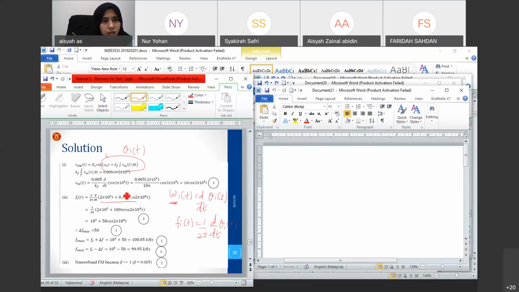This is theta i(t). After you solve it, you should get this answer.